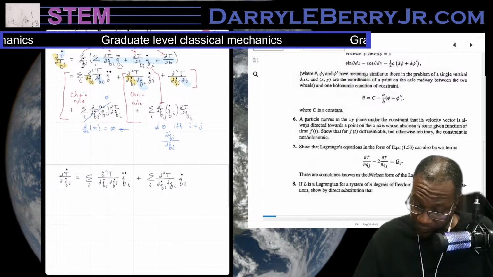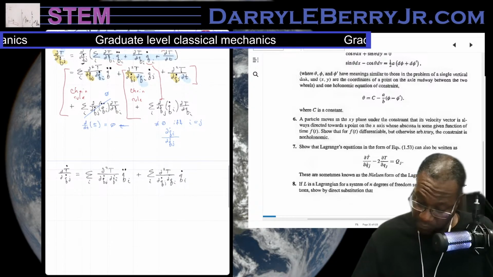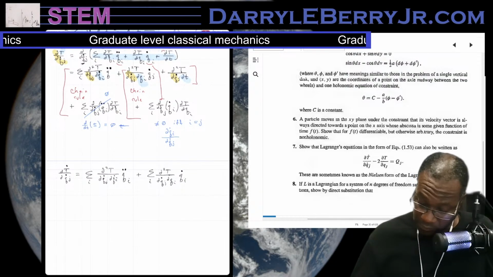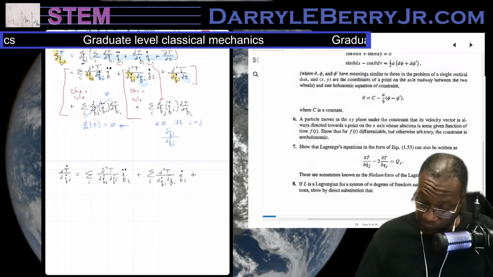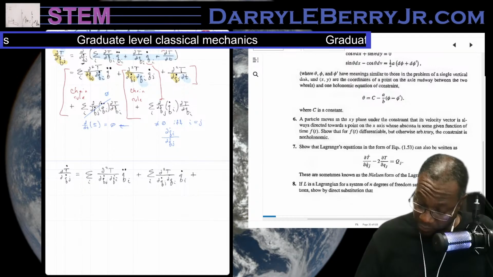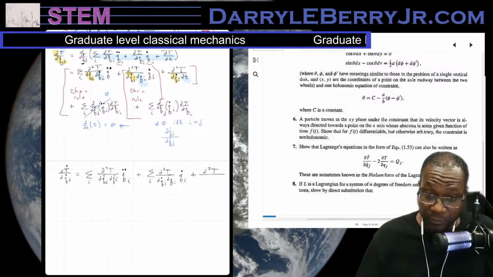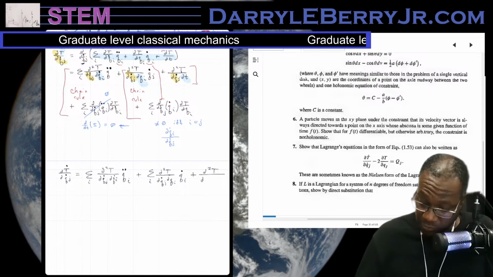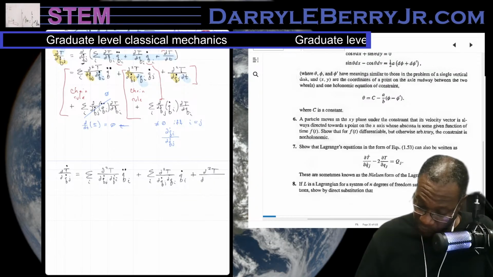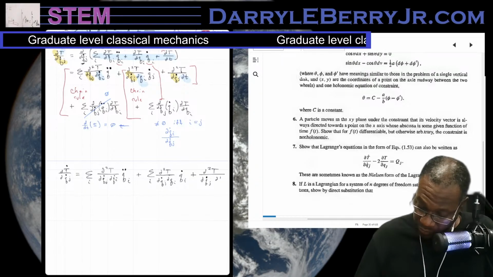Then we have plus partial squared T over partial q dot j partial t.